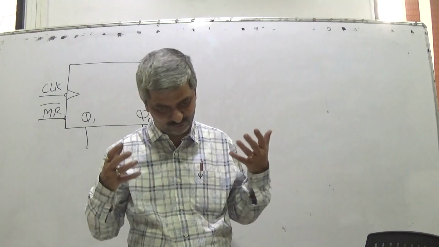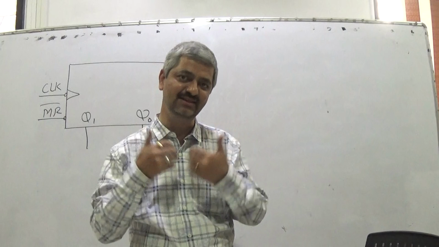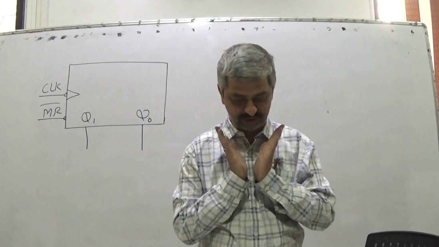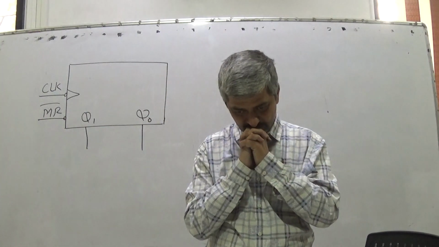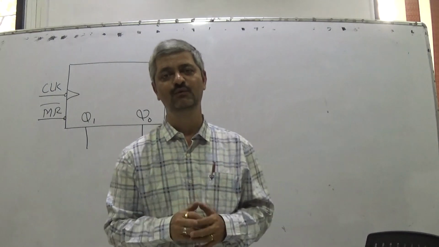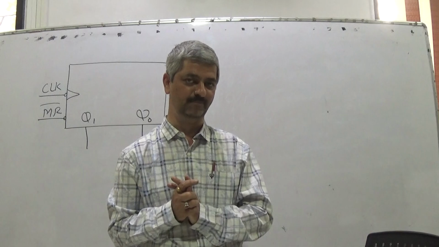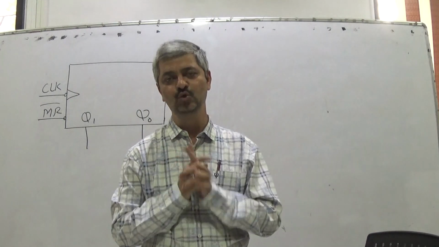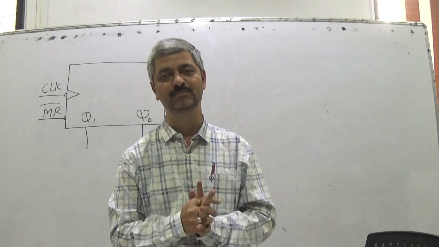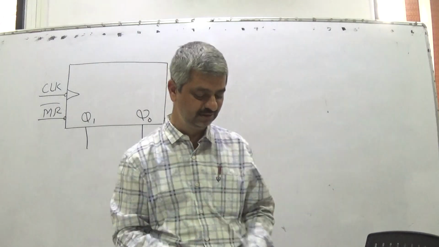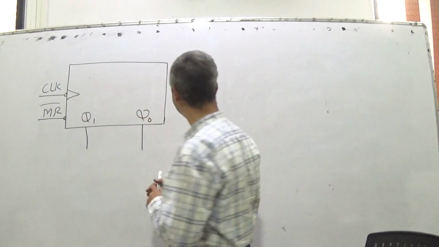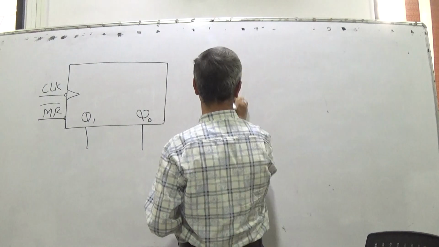Those who want to learn directly can continue watching. So the hint is, for each bit we need one flip-flop. So 2-bit counter, 2 flip-flops. 3-bit counter, 3 flip-flops. 4-bit counter, 4 flip-flops. So for this circuit there are 2 flip-flops.